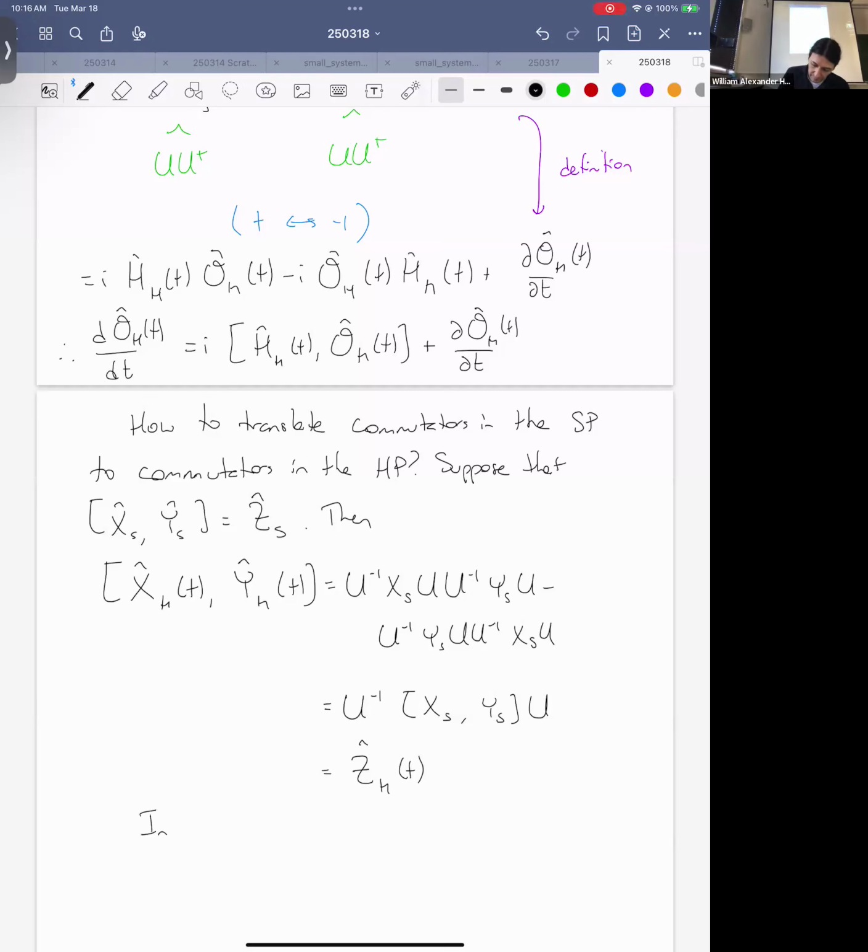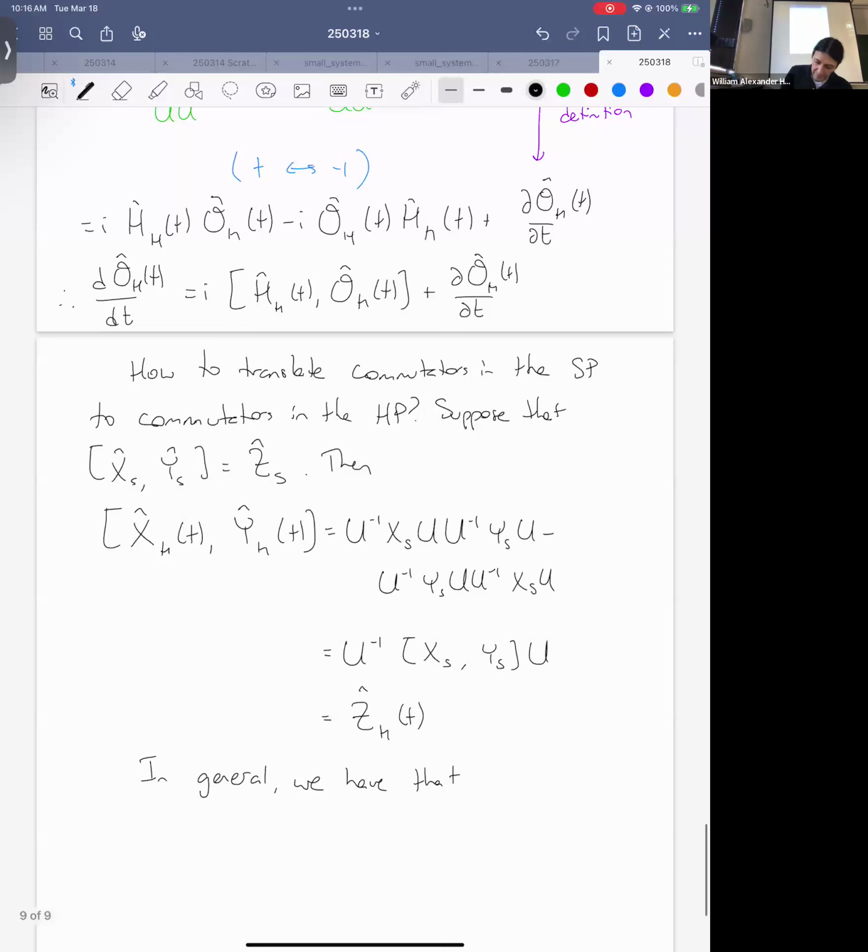So in general, we have some generalized position operator in the Heisenberg picture, which might be some vector. dQ/dt is equal to i times the Hamiltonian in the Heisenberg picture, as a function of various Q's and P's in the Heisenberg picture, and maybe even some time t.